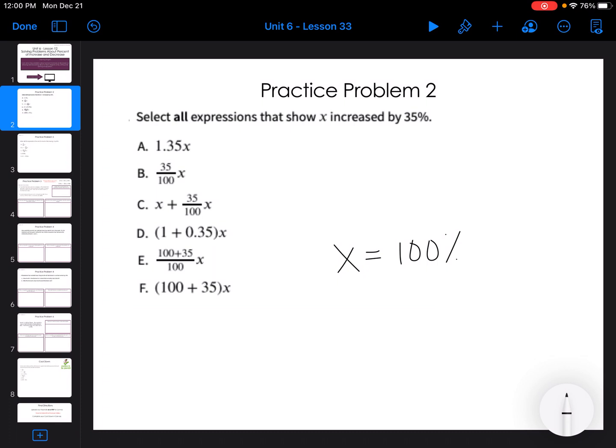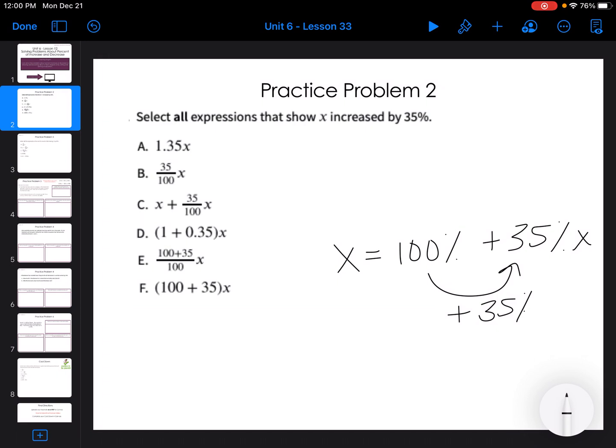Okay, if I'm increasing it by 35%, that means I'm adding 35%. And you have to remember that's of x. Of tells me to multiply.